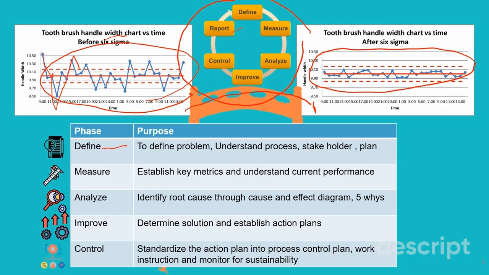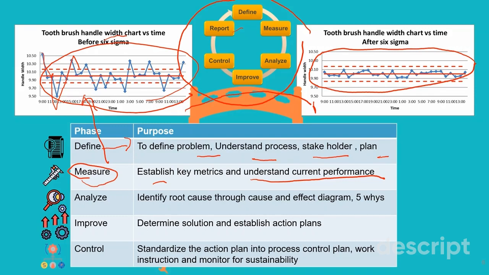In the define phase, we will need to define the problem, understand the problem, stakeholders, and also the process management plan. In the measure stage, we will need to establish what the key parameters to measure are and establish the measuring process to understand the current performance, such as in this case, this is the current performance.